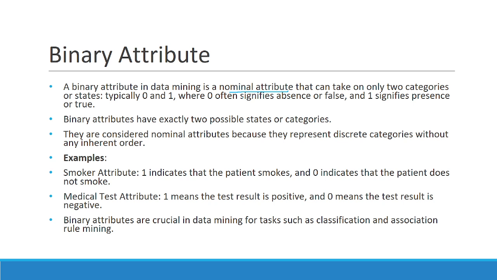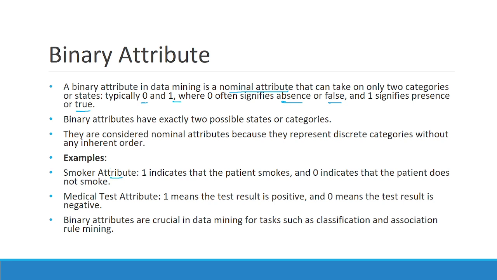Binary attribute in data mining is a nominal attribute that can take only two categories or states, and they are typically 0 and 1, where 0 signifies absence or false value and 1 signifies presence or true value. So binary attributes will have exactly two possible states or categories. Some examples are given here.